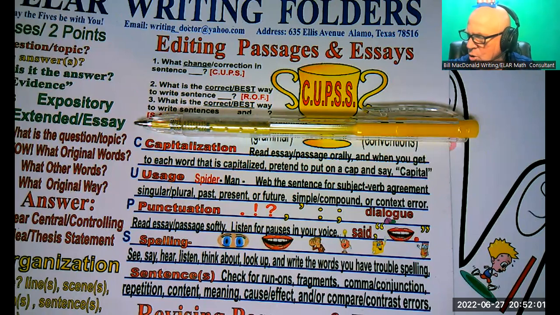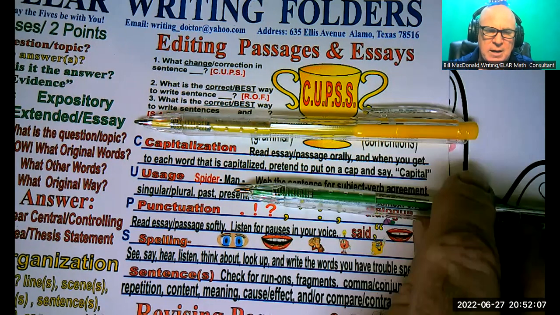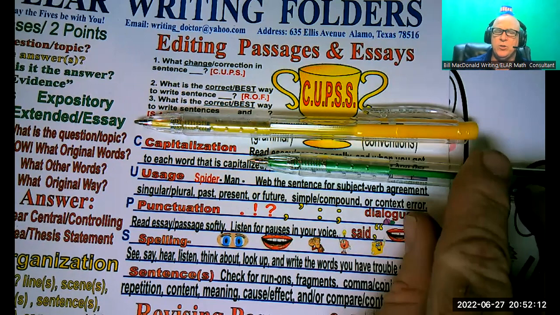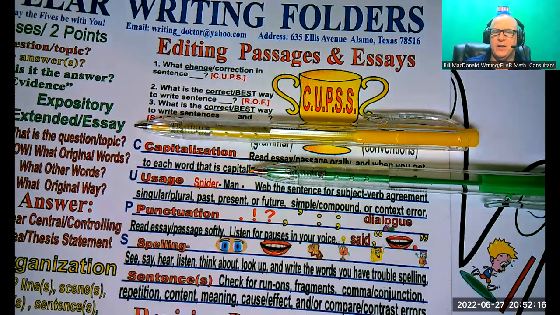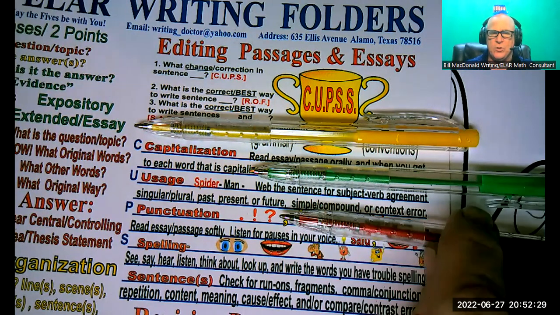And we're going to go using Spider-Man to make sure that every sentence has a subject and a predicate, a verb. And until we've done so, we can't get to the stop sign where we say, whoa, period, exclamation, or question mark.